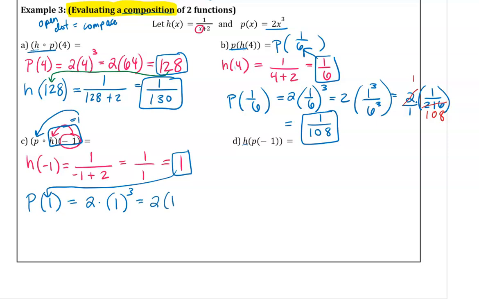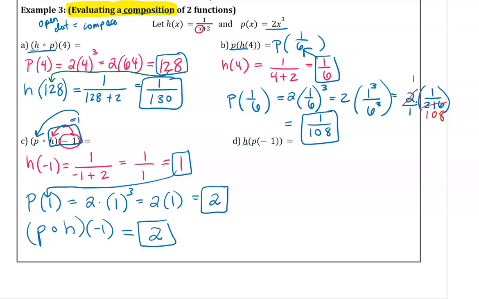So 1 cubed is just 1, and then 2 times 1 is 2. So p of h of -1 is equal to 2, because that's what I get after I took -1, plugged it into h, and it resulted in that. And then I took the answer to that, plugged that into p, which resulted in that. So this is the final value for p of h of -1.